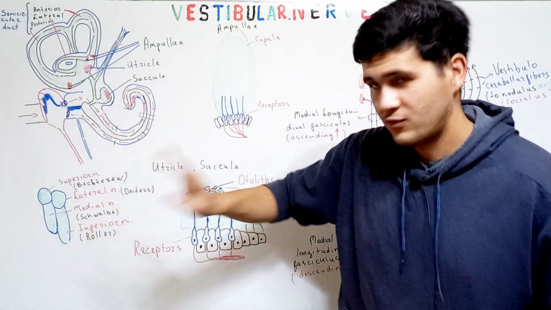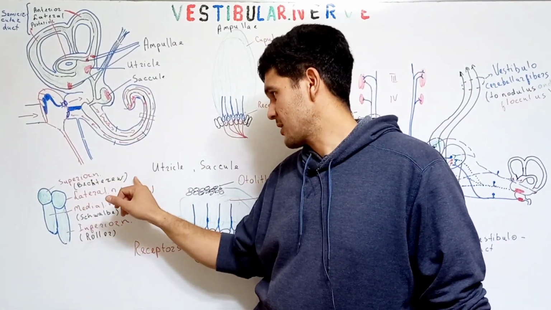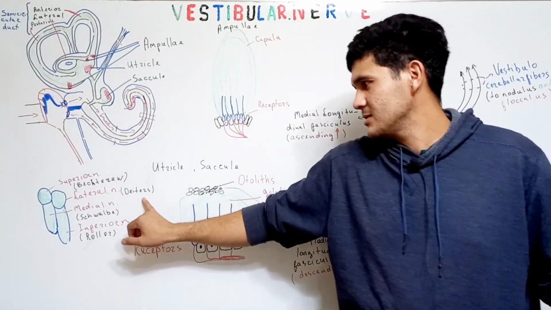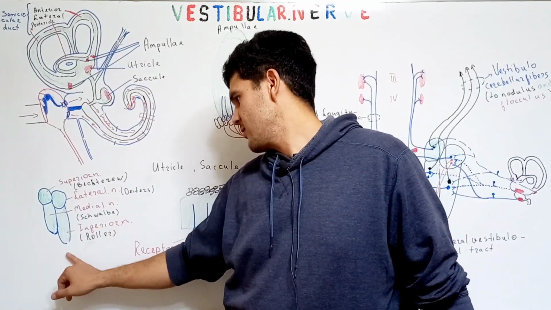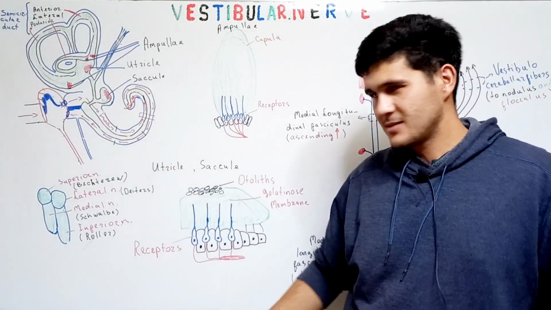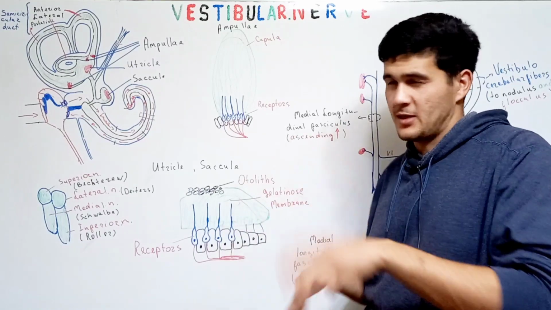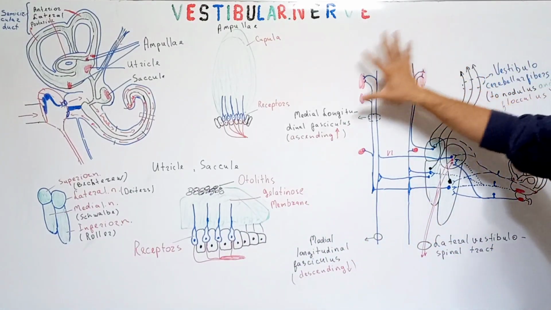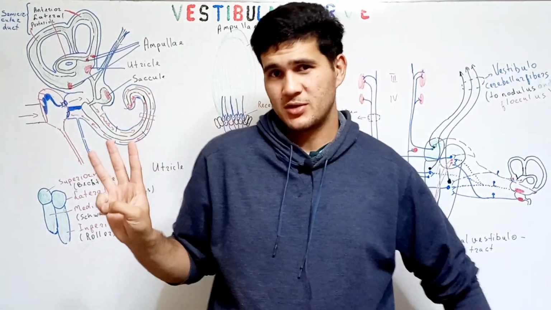There are 4 nuclei. The first one is superior, the second name is Bechterew, the next one is the lateral nucleus, the second name is Deiters, the medial one's name is Schwalbe, and the inferior one's name is Roller, okay? And all of them participate in some specific function of balancing, okay?